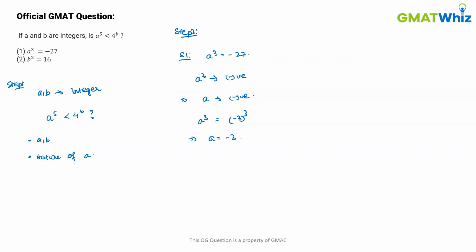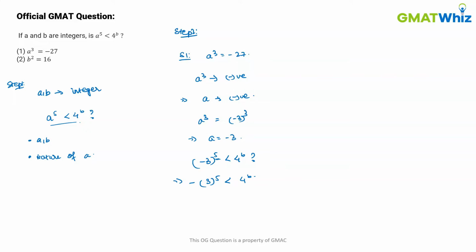Now if I plug this back into the given inequality, I have minus 3 to the power 5 is less than 4 to the power b. I have to check this, keep in mind. I can take the minus sign outside because it's an odd power here, so I get minus 3 to the power 5 less than 4 to the power b.